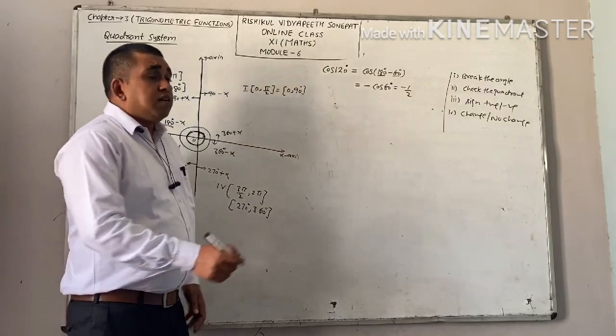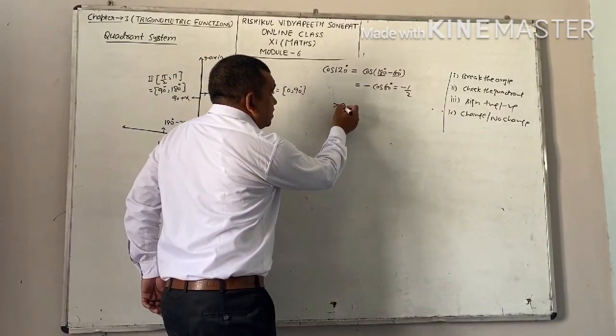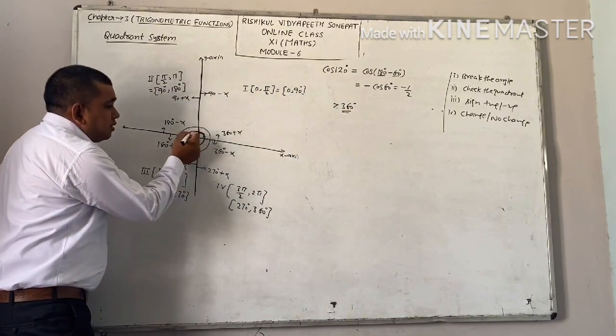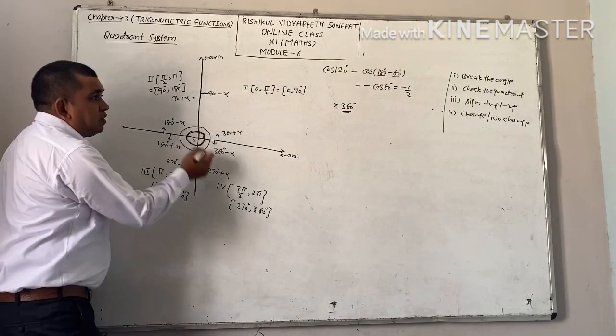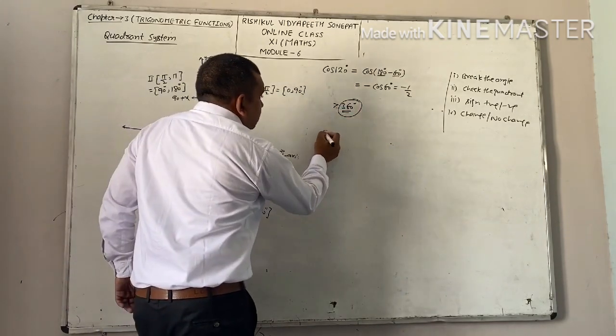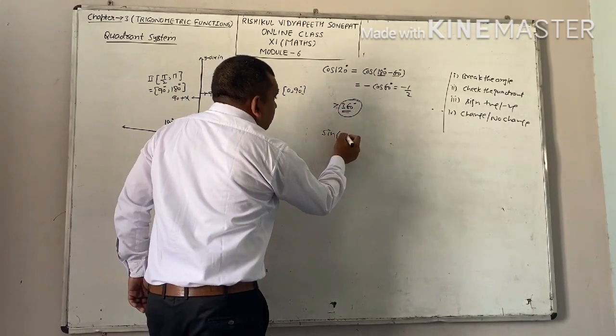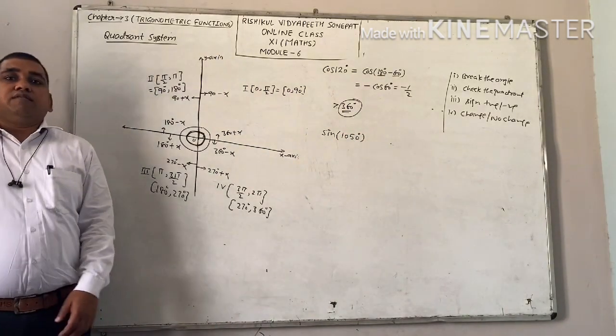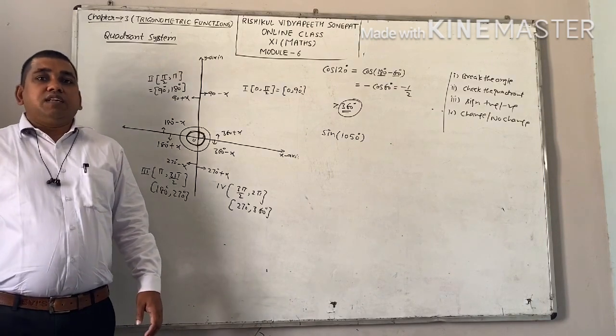Now students, see, when our angle is greater than 360 degree, what it means? 360 means one complete revolution. Right? Now suppose I want to find out the value of sine 1050 degree. How will we find out the value of sine 1050 degree?